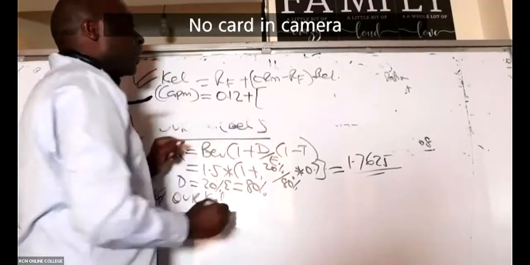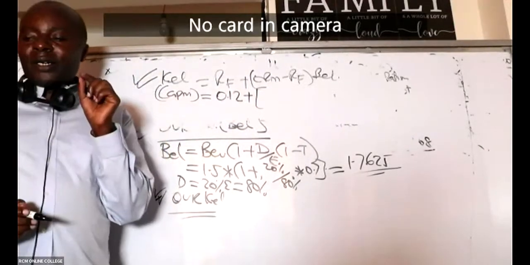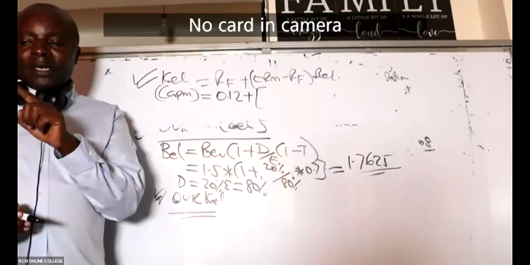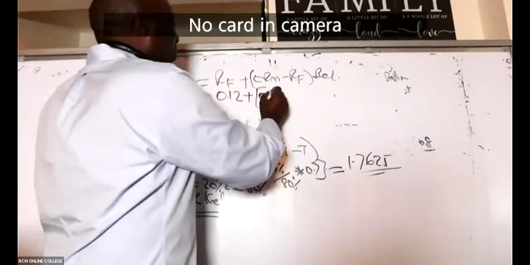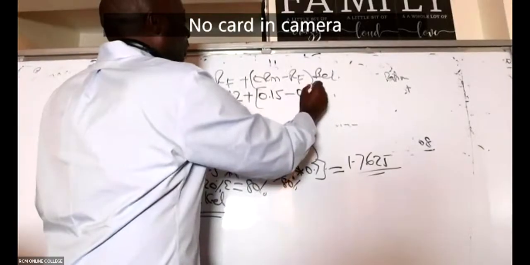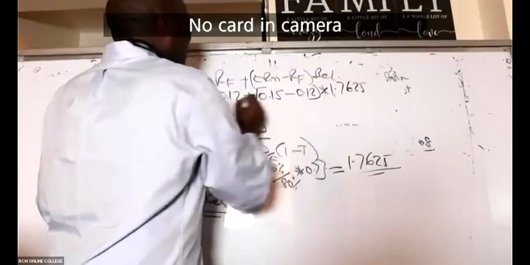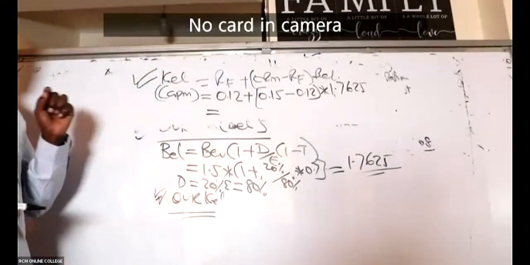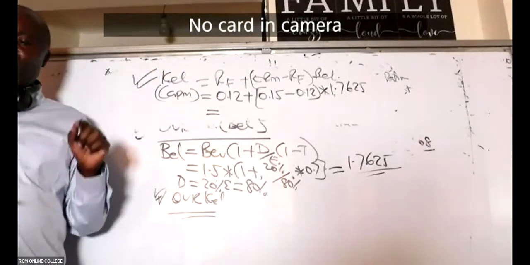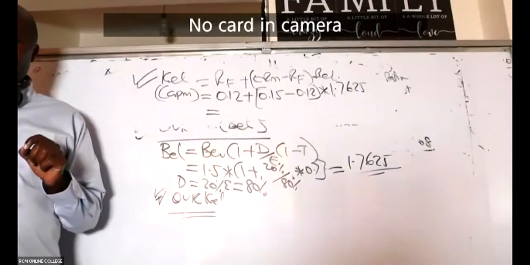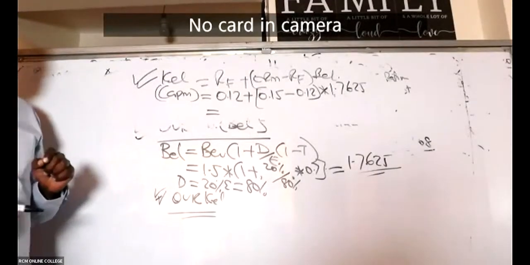Do we have the expected return of the market? 15%. So we have 0.15 minus 0.12, and we have this beta of 1.625. At the end of the day, what will be our Ke? They're giving me 17.29.